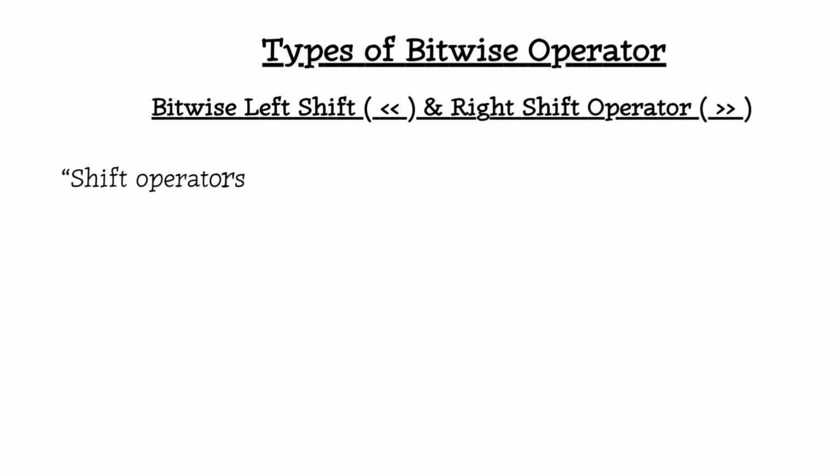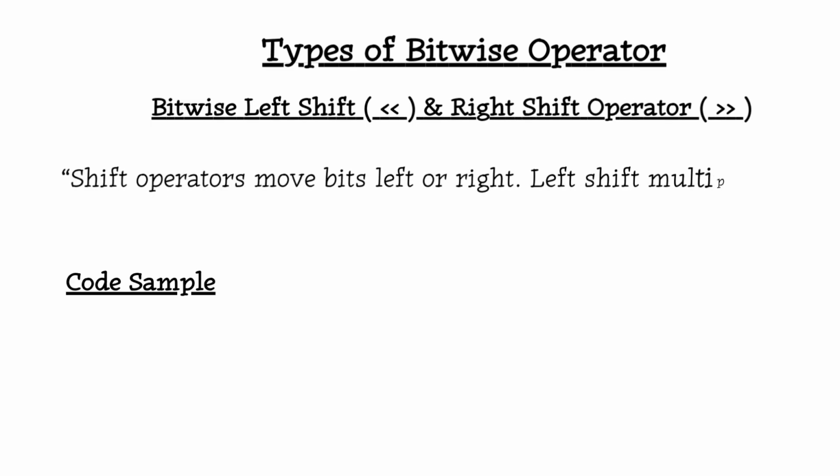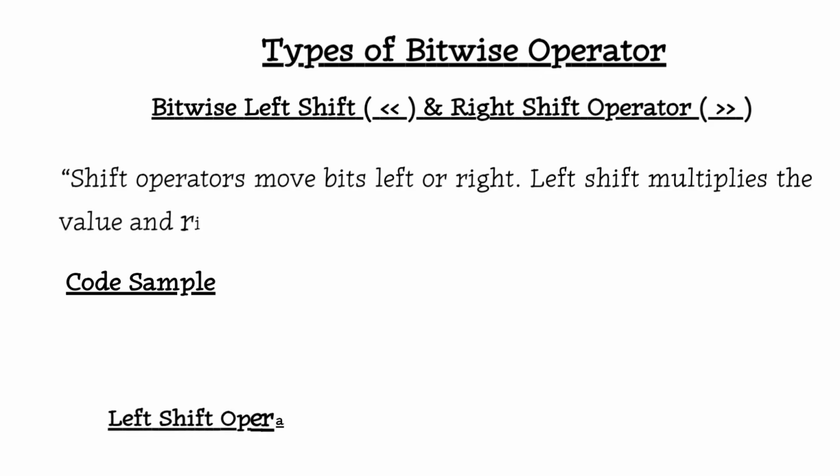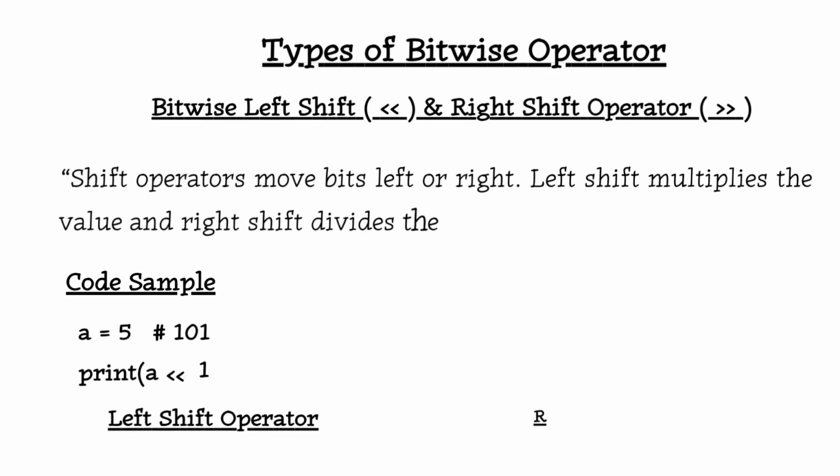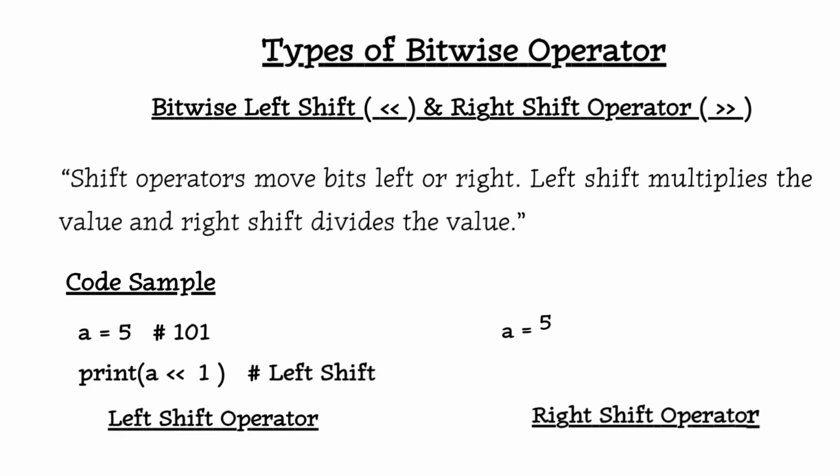Let's right now talk about the last type of bitwise operator, that is the left shift operator and right shift operator. We'll discuss first the left shift operator. The left shift means moving bits to the left side. Each left shift means multiplying the number by 2. Now let's talk about the right shift operator.